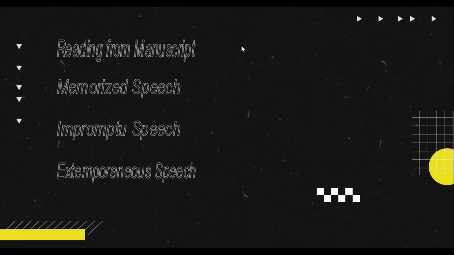So let's have the first one. The first one is reading from manuscript. Here in reading from manuscript, you deliver a speech from a text. Based on the word, it is only reading.